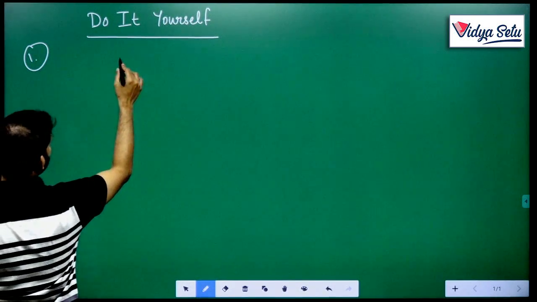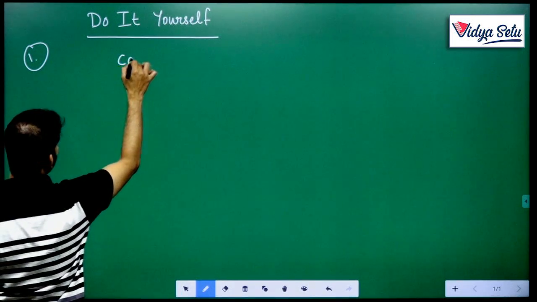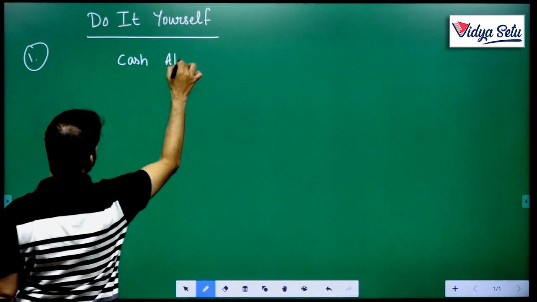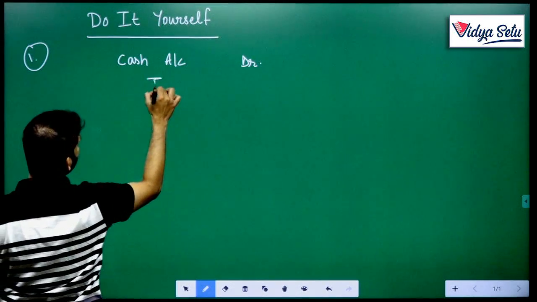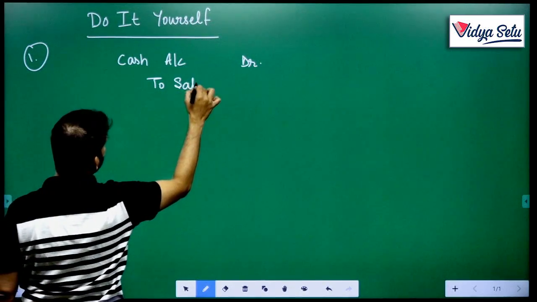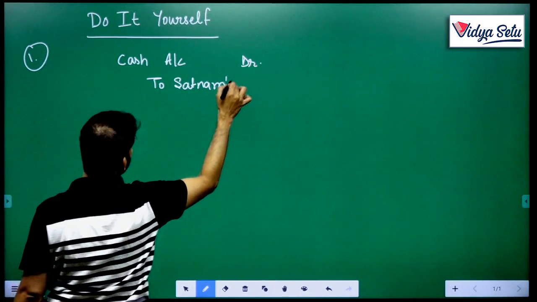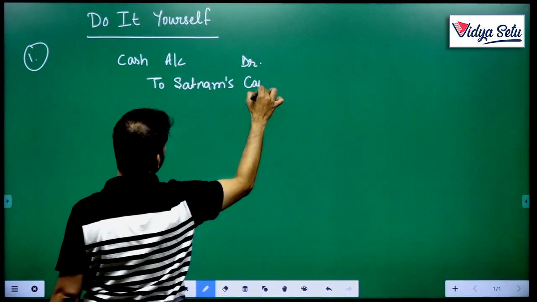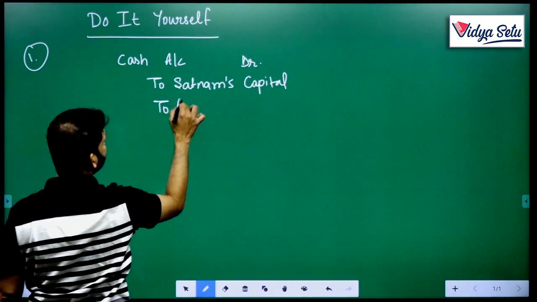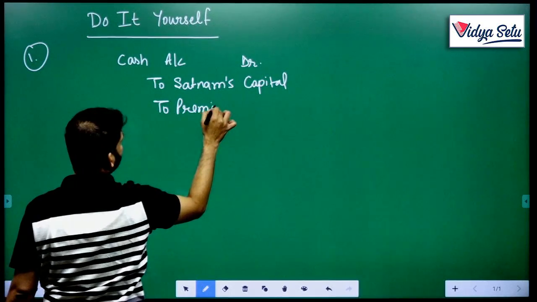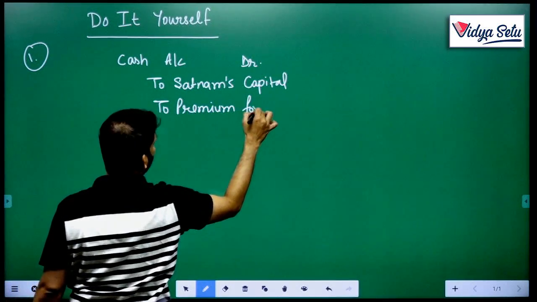So what he is doing, he is bringing cash, so cash account debit, to Satnam's capital and to premium for goodwill.